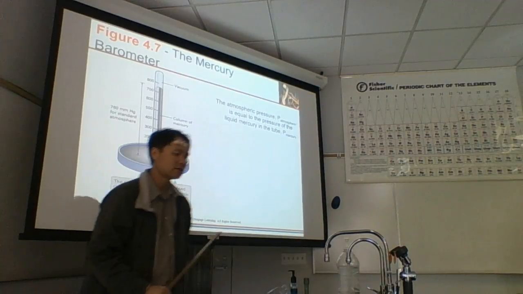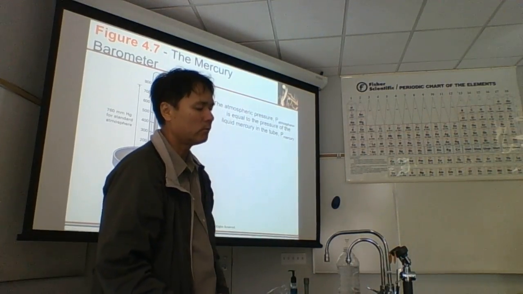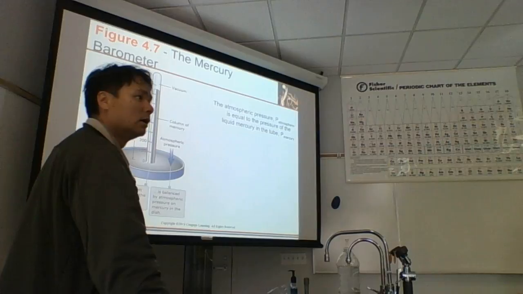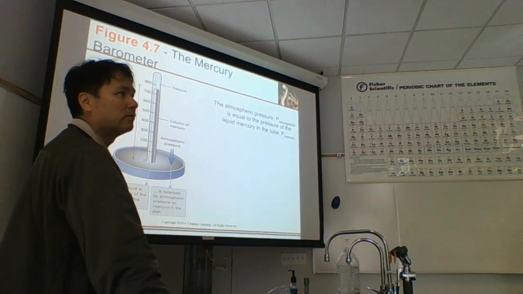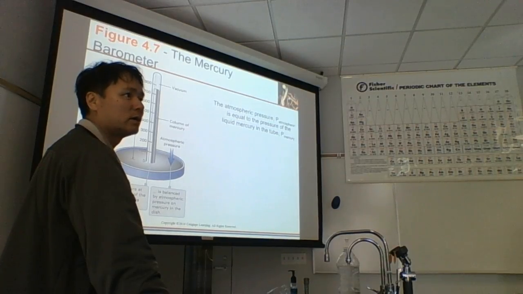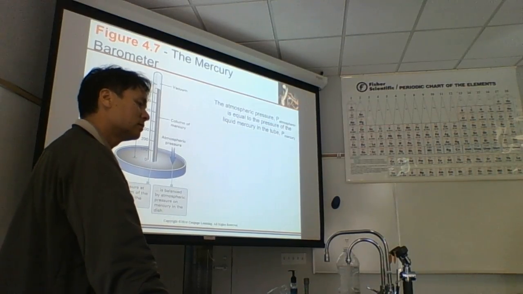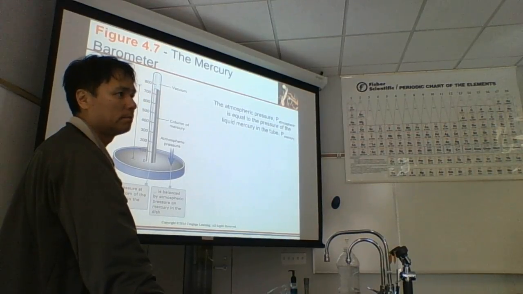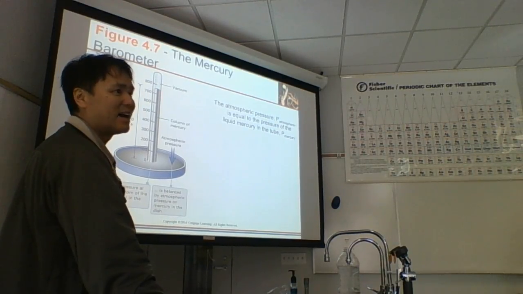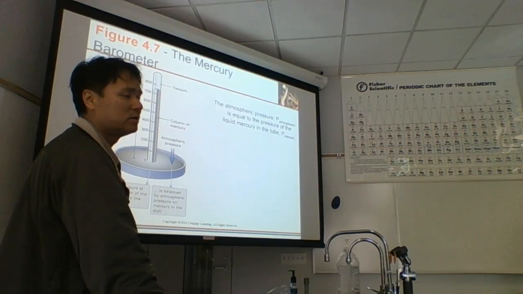Well, we can use physics to calculate what the pressure of the mercury is. In physics, we have units of force, newtons, and units of area, meters squared. And so the pressure is typically given as newtons per meter squared, which is called a Pascal. But that's a hassle, so we don't actually do the calculation.